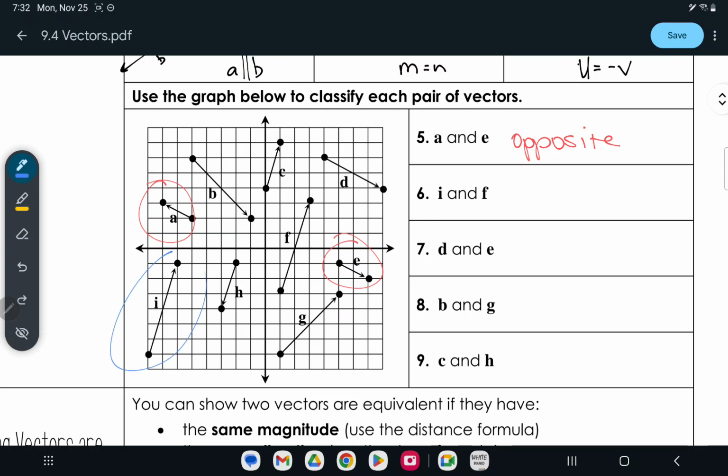I and F, they look to be the same magnitude and the same direction, so they're equal. D and E, I think they're parallel because they're not the same size. They are going parallel.